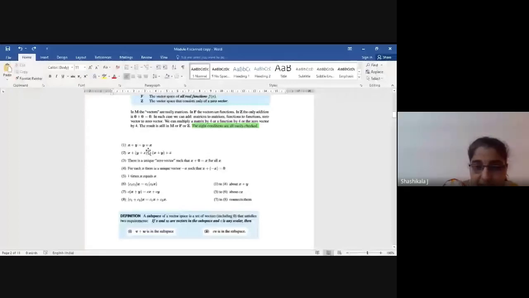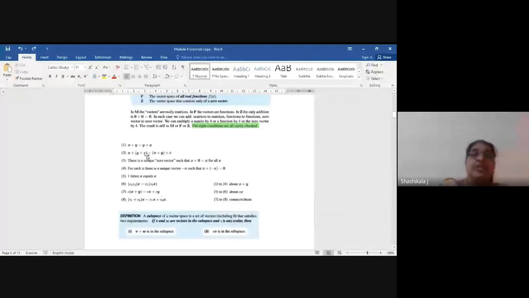If I add the zero vector, you will get x, and there will be a unique vector such that minus x added gives zero. And there are distributive laws with c1, c2. Okay. So in the exam, you need to remember the 8 conditions, as they may ask.